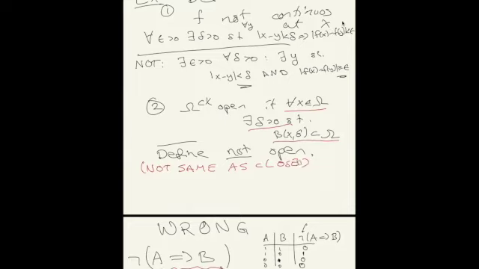Instead, if we say not open, in quantifiers, it means that there exists some point in omega such that no matter the delta that we choose, B(x, delta) is not a subset of omega.